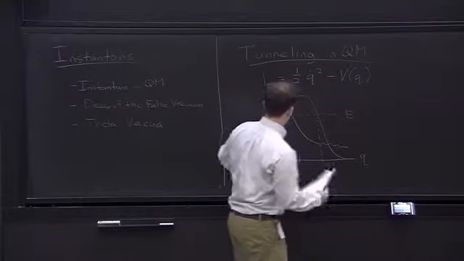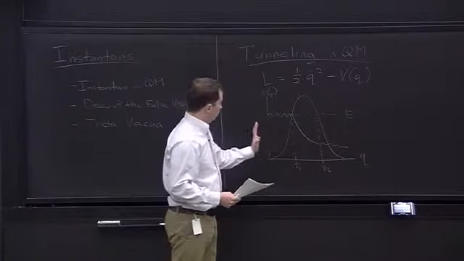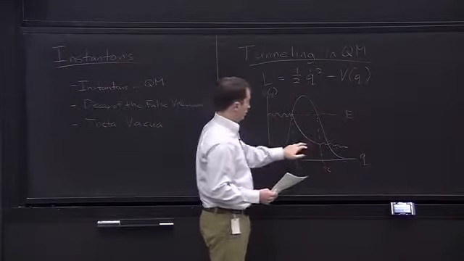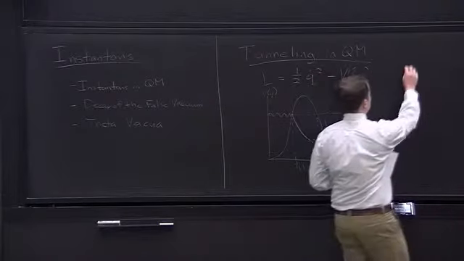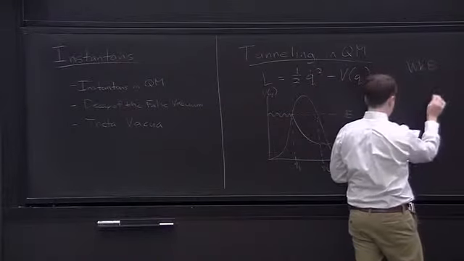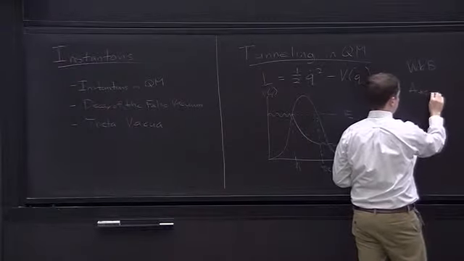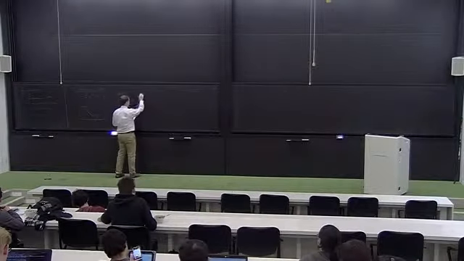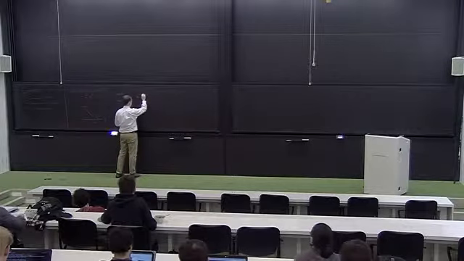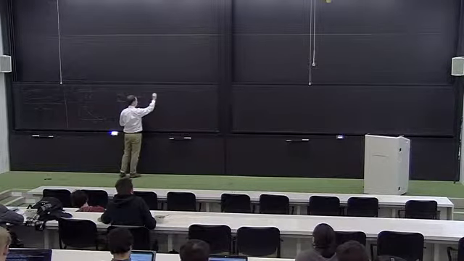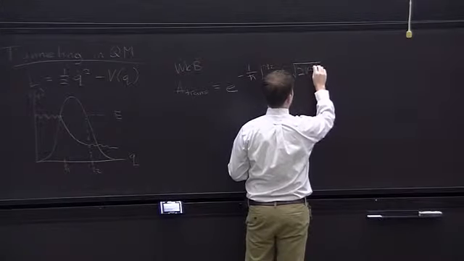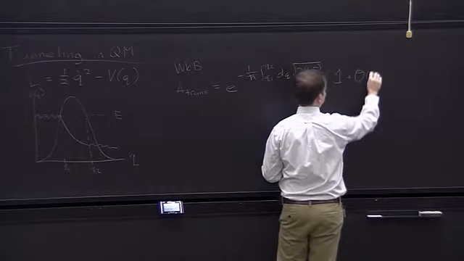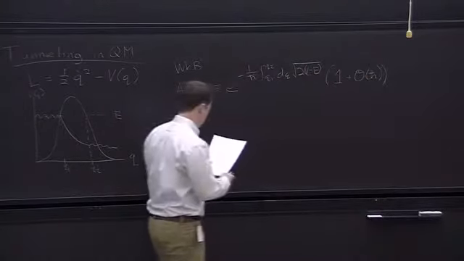The WKB approximation is basically solving for the wave function in each of the classically allowed and classically forbidden regions and matching them together. And the result is that the transmission amplitude takes this form. There will be some corrections to this, which can be computed systematically.